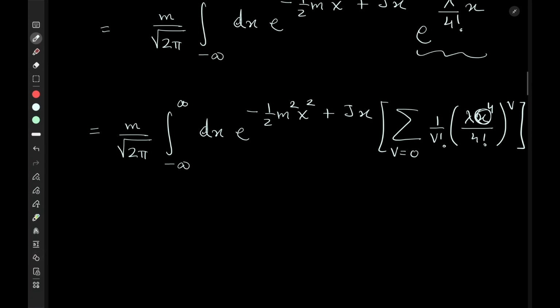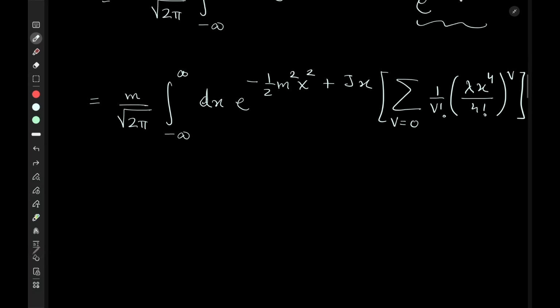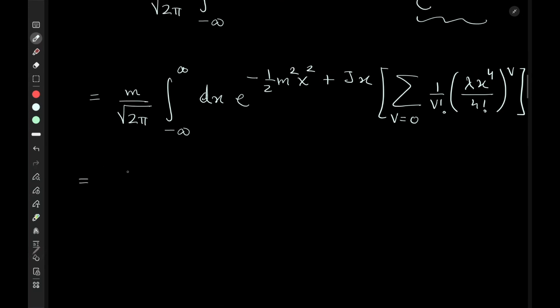It's still not in the form that we want it to be in because there are still these factors of x, and to get rid of these, first let me just write the summation on the other side.